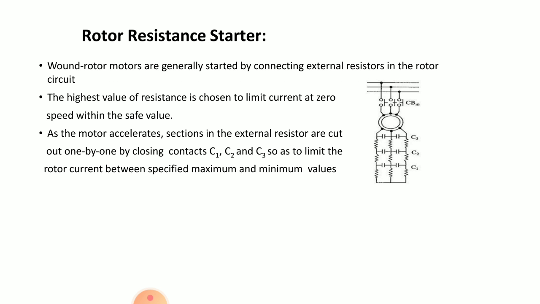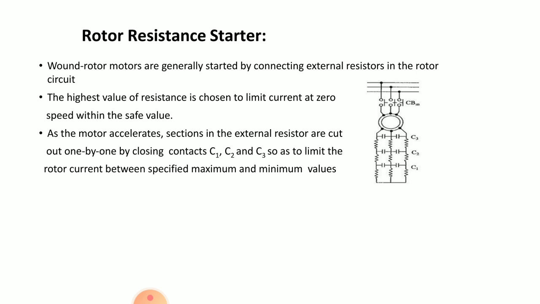Next one is rotor resistance starter. In case of wound rotor motors, generally external resistance is added to the rotor circuit in order to limit the current. The highest value of the resistance is chosen to limit the current at zero speed within a safe value.